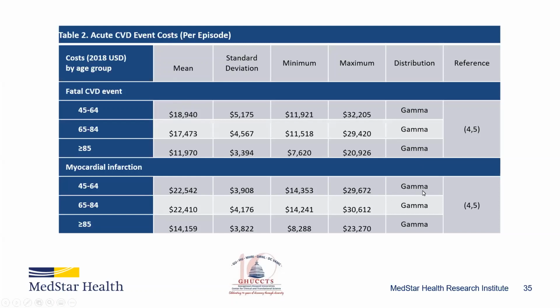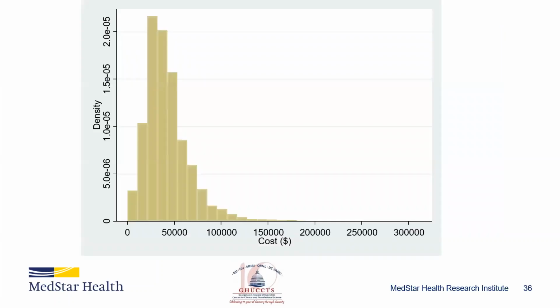You say, well, where do you get that from? Well, if you were to look at costs in most any study and do a histogram of it, they would all look something like this. It's obviously not a normal distribution, but a gamma distribution is probably the best model for this.